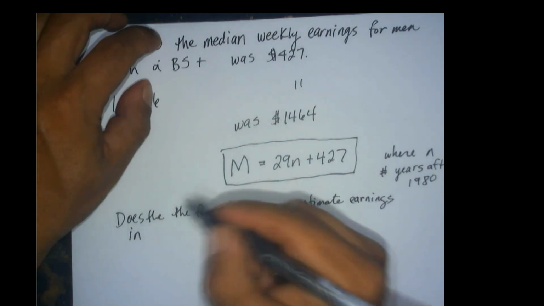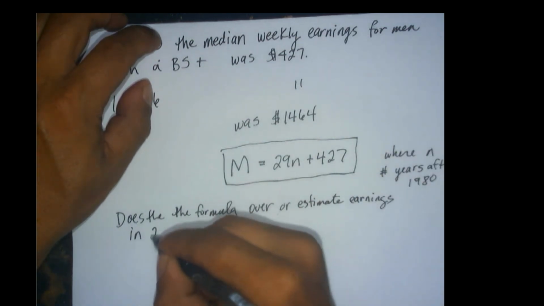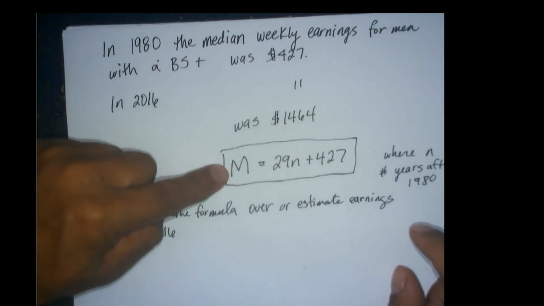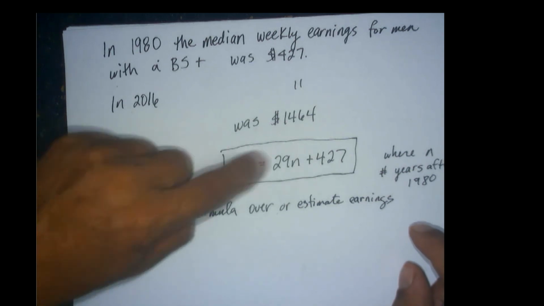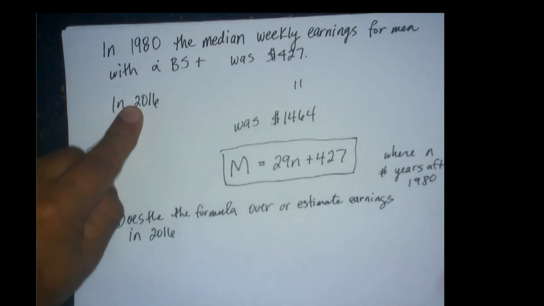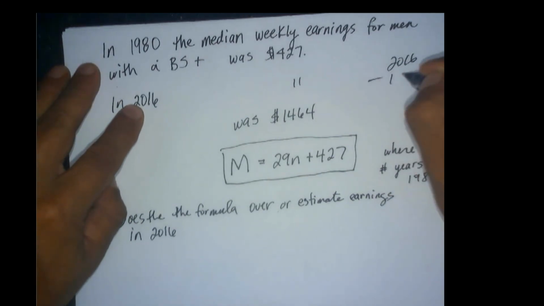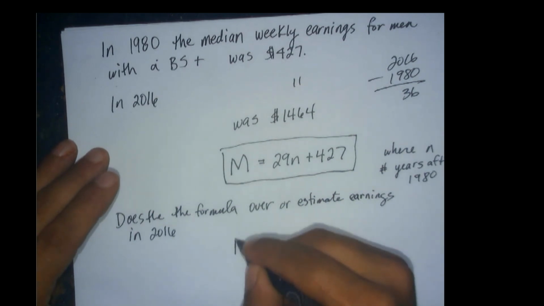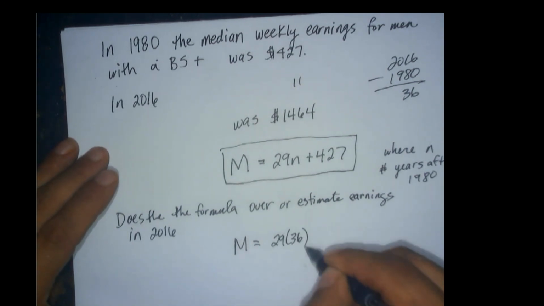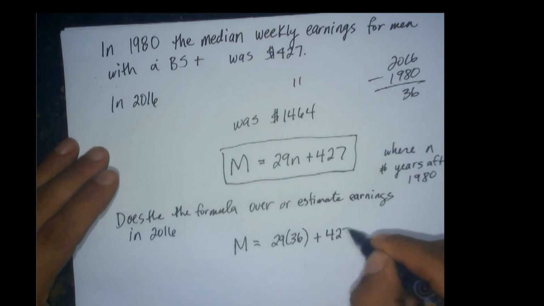So we're actually going to find out. Okay, so this is the actual, this is the estimated. So what we're going to do is plug in 36 for n, right? 2016 minus 1980 is 36. Okay. So M is equal to 29 times 36 plus 427.